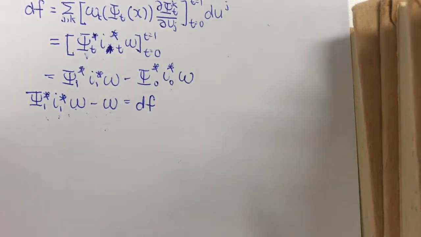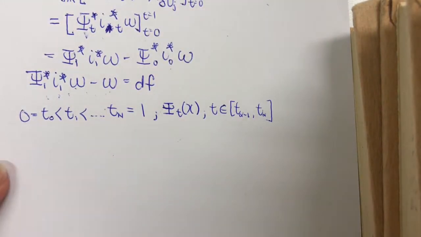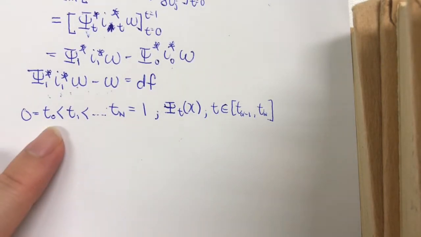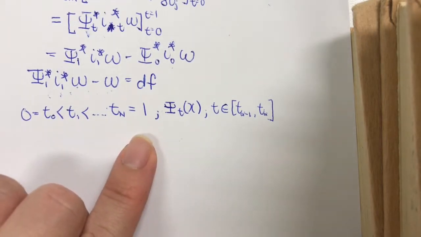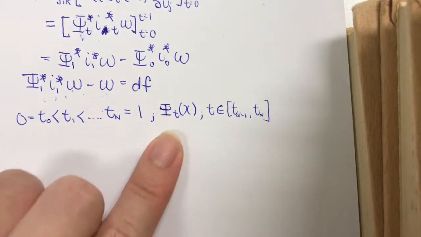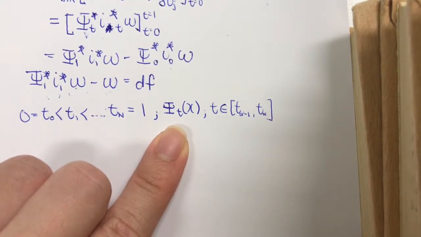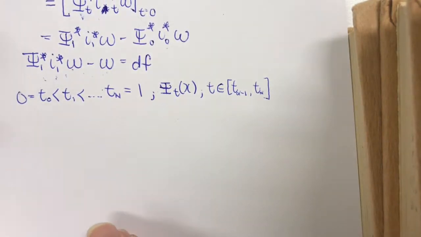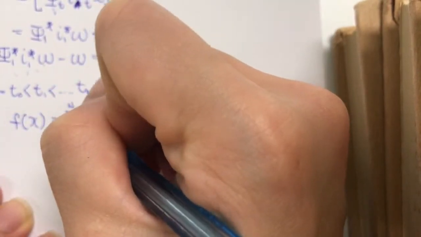So now we assume that we have a partition between 0 and 1, such that for each alpha, psi t can be covered by only a single local coordinate chart. So if we use the definition of the function x with finitely many local coordinate charts, we can write down the following integral.